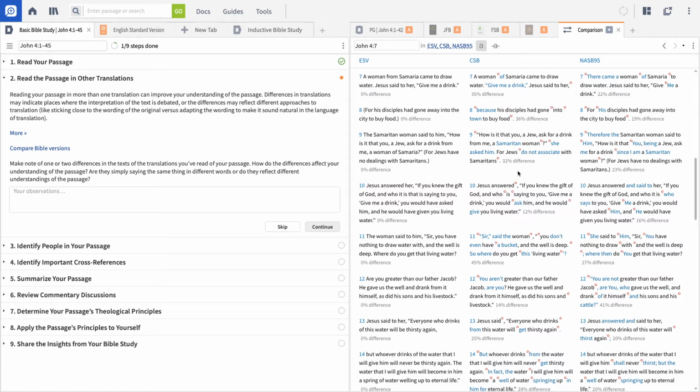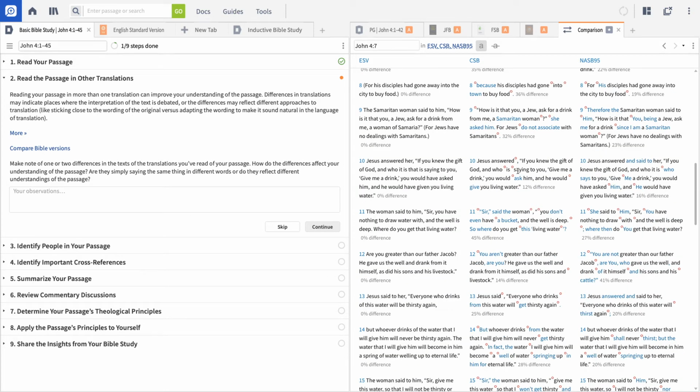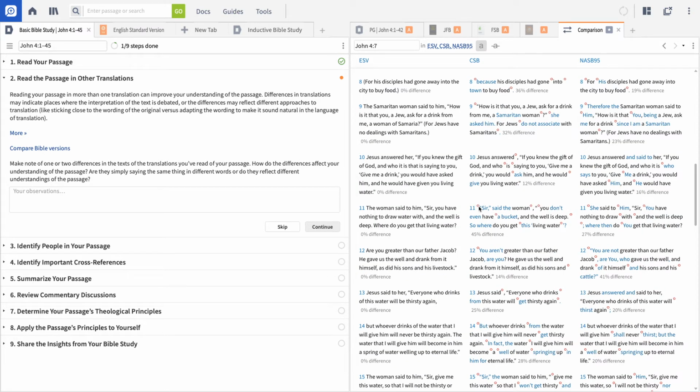So let's see if there's much difference between these three, because at least the language is pretty much the same. Here we go. Now what do we have here? Sir, said the woman. Okay. Oh, okay. That's a mistake. It's definitely not meant to be that. Let's see.